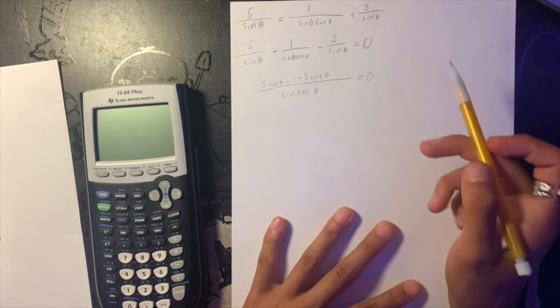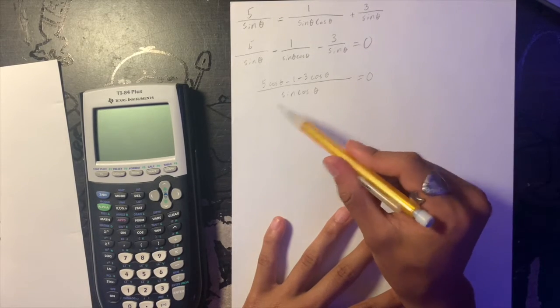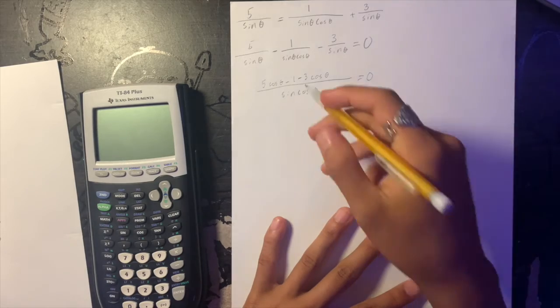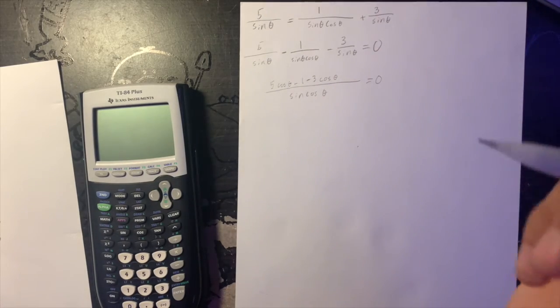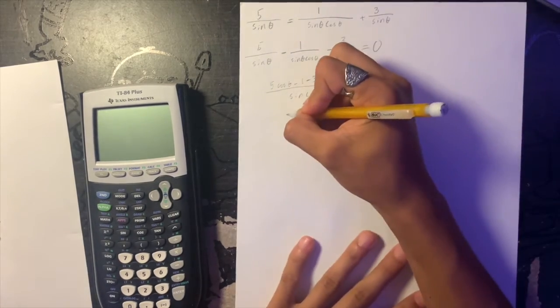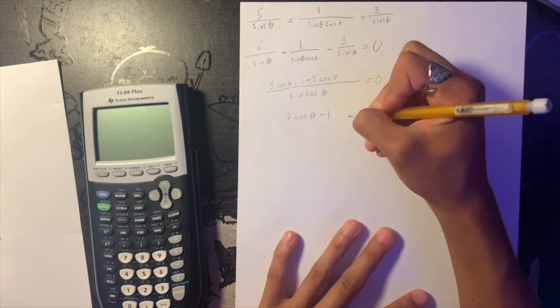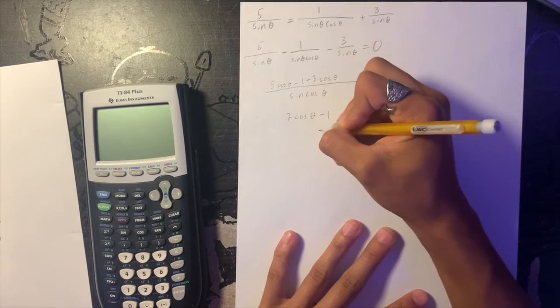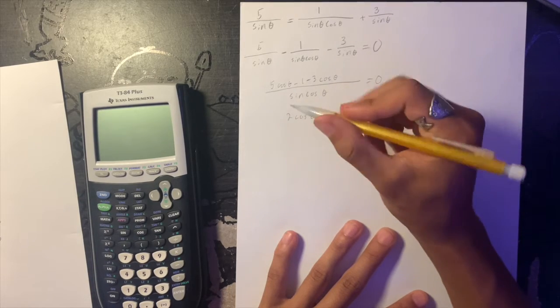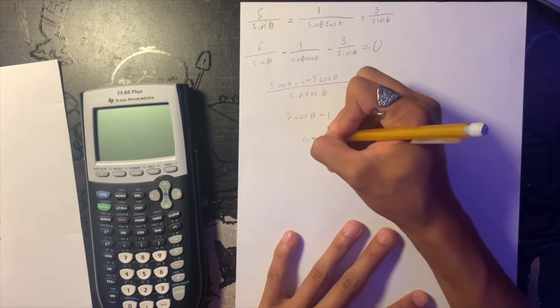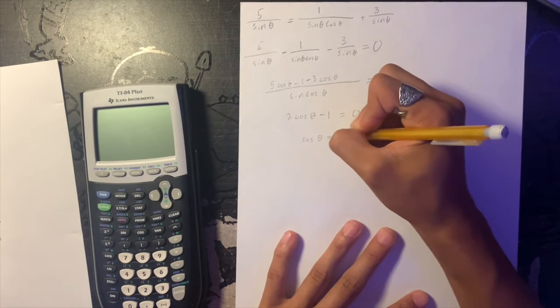It has to equal 0, so the denominator is automatically 0, so we can take that out. Combine common factors on top, so that would be 2 cosine theta minus 1 equals 0, plus 1 over here, and then divide by 2, so cosine of theta equals 1/2.